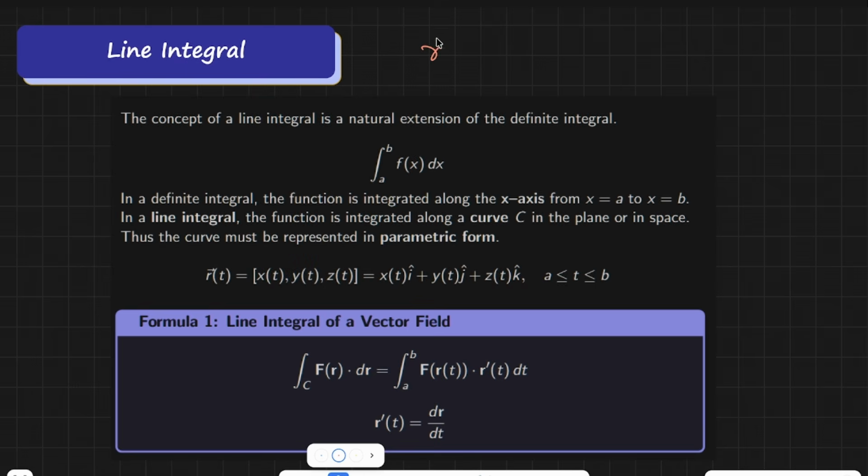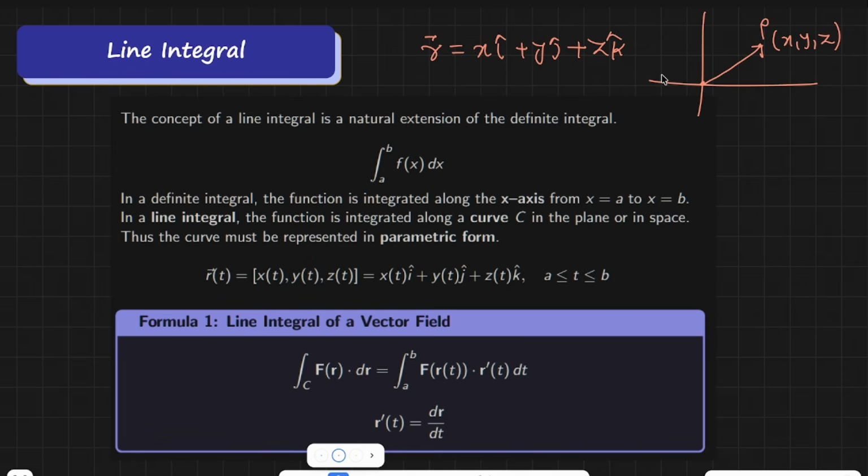First one is that r vector is nothing but x i cap plus y j cap plus z k cap, called the position vector. What do you mean by the position vector? Let's say this is a point x comma y comma z. A vector from the origin to it is called the r vector, the position vector.